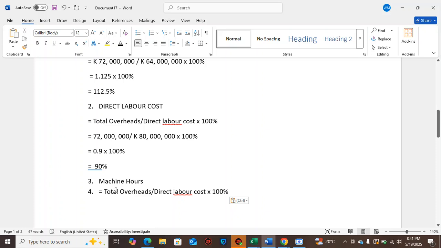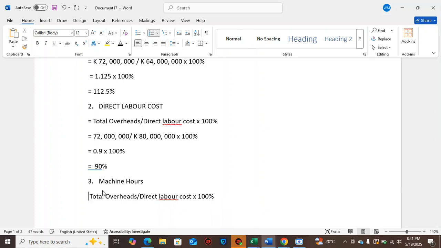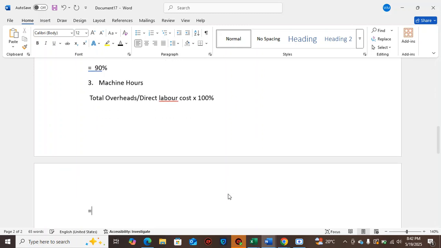This is how it was done in the old days. Nowadays, companies are using activity-based costing, not this traditional method, because companies nowadays have various overheads that they are facing. Some absorption bases will not account for all the overheads that a company is going through. So that's why they now use activity-based costing.